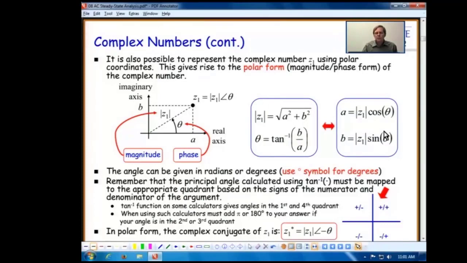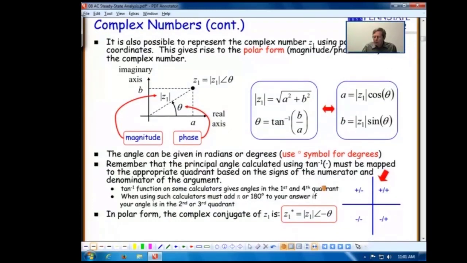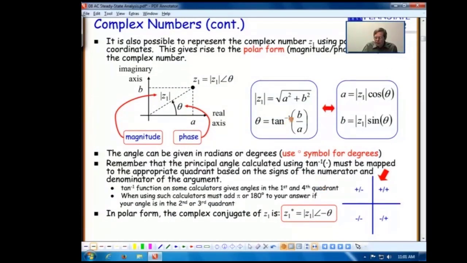And today a lot of people do these calculations with a scientific calculator. Just remember one thing. Most scientific calculators, if you try and take the inverse tangent of a number, inverse tangent is not unique. It can have the same value in two different quadrants.